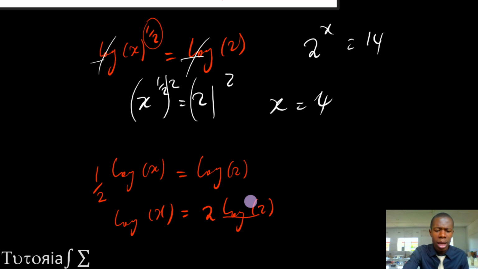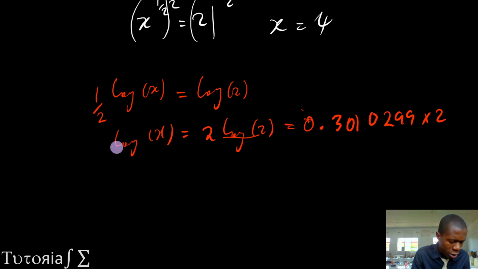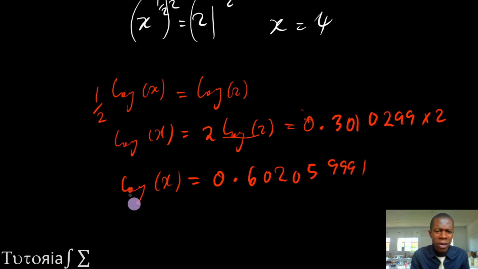Log of 2 will be about 0.3010, so times 2. So basically let me multiply by 2, and we have log x is equal to 0.60205991.